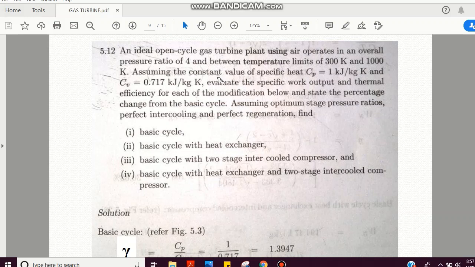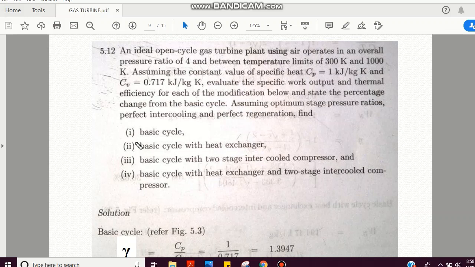Assuming constant specific heats, that is Cp equals 1 kilojoule per kg Kelvin and Cv equals 0.717 kilojoule per kg Kelvin. Evaluate the specific work output and thermal efficiency for each of the modifications below, and state the percentage change from the basic cycle, assuming optimum stage pressure ratios, perfect intercooling and perfect regeneration.